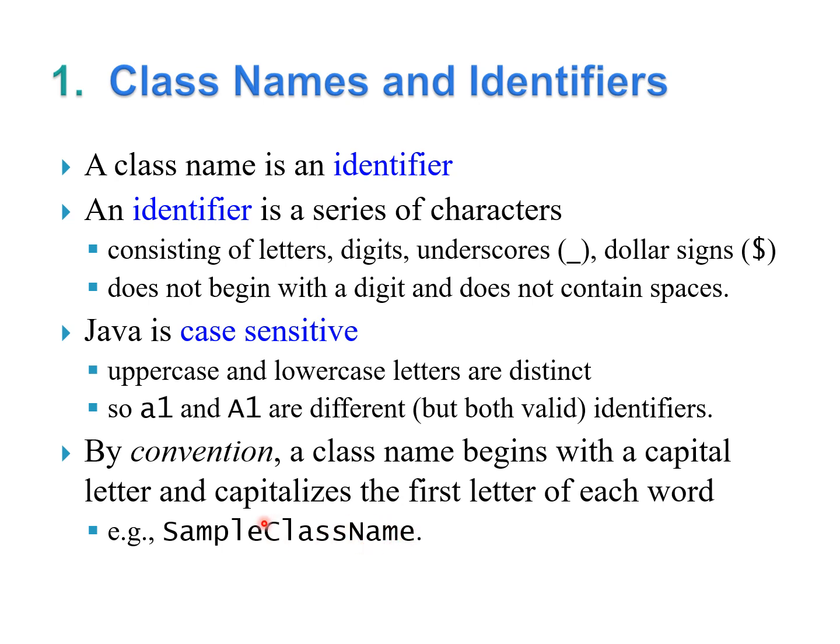This one is just by convention. It's not a syntax rule, but we follow this convention so that when we have a long program with many types of identifiers, it will remind us that this is the name of a class instead of the name of a variable or the name of a function.